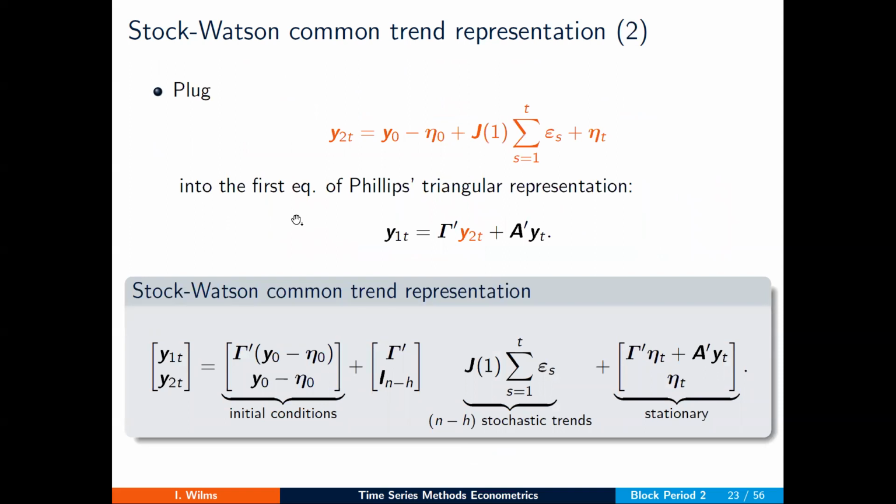To get the first equation, I just need to plug in this expression for y2t that I just derived into the first equation of Phillips triangular representation. So plug this guy into this, and then when you combine everything, I indeed arrive at the so-called Stock and Watson common trend representation.